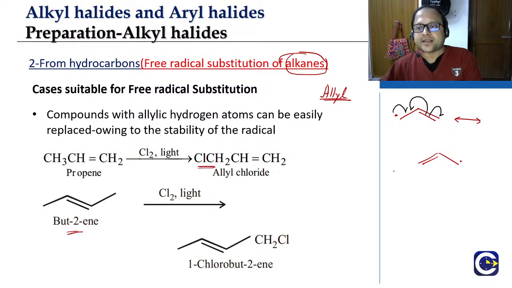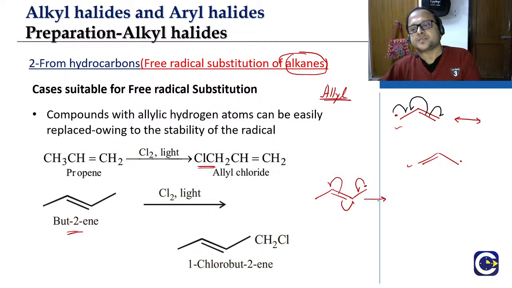See, as I told you, in the case of propene, whether you take this or this, it's one and the same thing. But in case of butene, there is a twist. The free radical that is formed initially is this, but when it will undergo resonance, it will come here, right, and this will go over here.